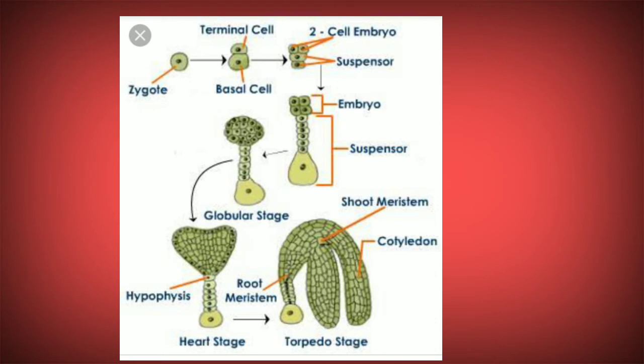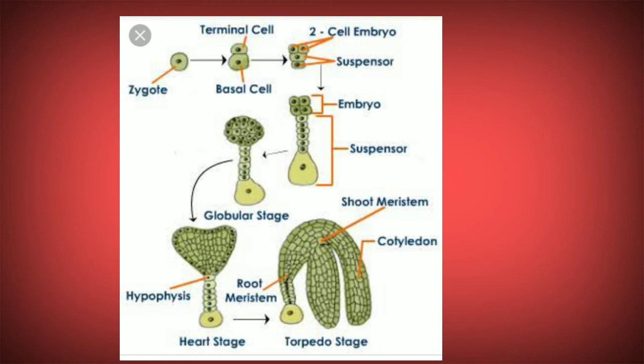In that way, the heart-shaped structure elongates more and the cells get more differentiated, which later forms the meristems such as protoderm, procambium and ground meristem, which later go on to form the internal structure of the plant body.